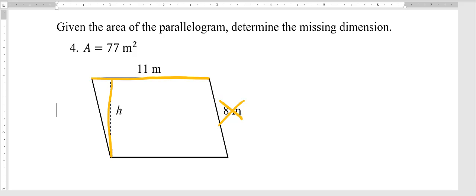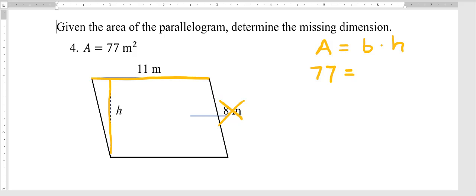The height that I'm trying to find is right here, and I labeled that as H. So we know that the area of a parallelogram is equal to base times height. It gives me the area is 77 square meters. So I know the A, I can replace it with 77.